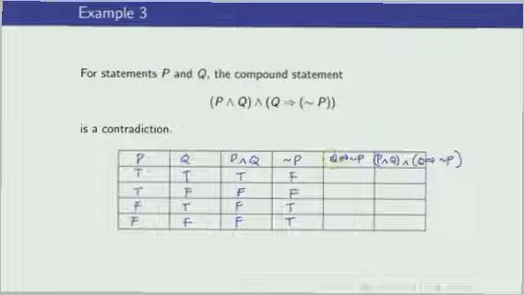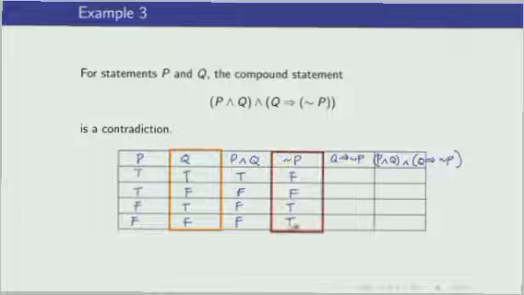For Q implies not P, our premise is Q and our conclusion is not P. An implication is false only when the premise is true, but the conclusion is false. So it happens here. And then for the rest, we no longer have TF. So this is always true.